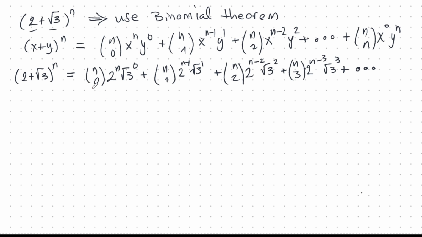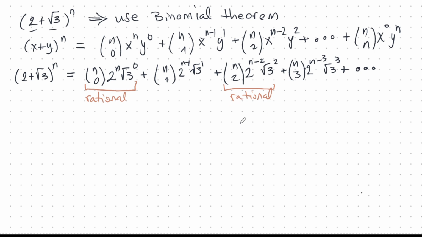All right, let's look at this more carefully. If I take this term, you see the root 3 is gone because it's power 0. So this is actually rational. And likewise, this term is rational because it's root 3 squared, so no more root 3. So all the even powers of root 3 lead to rational terms.